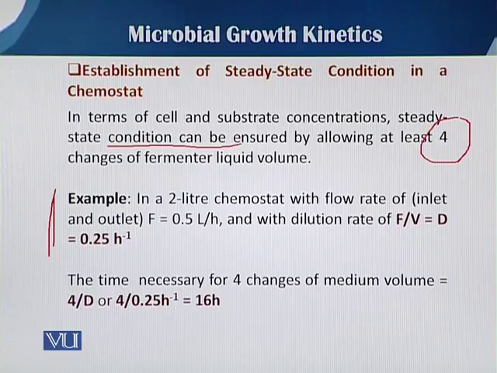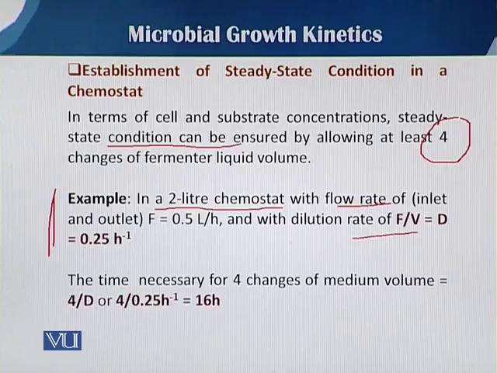Suppose there is a 2 liter chemostat fermentation process with an inlet and outlet flow rate of 0.5 liter per hour, so half a liter is added and half a liter is removed.